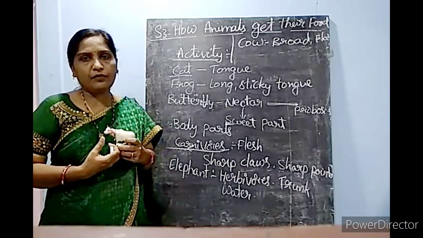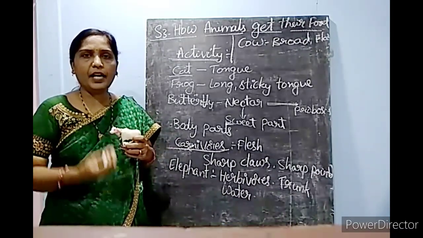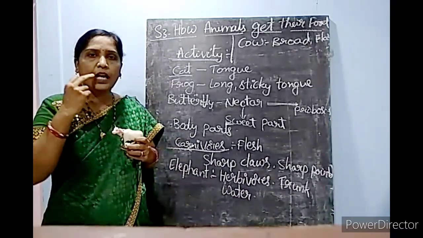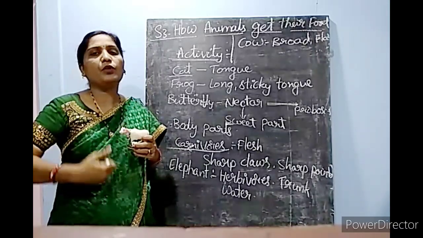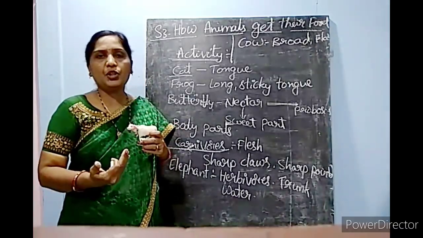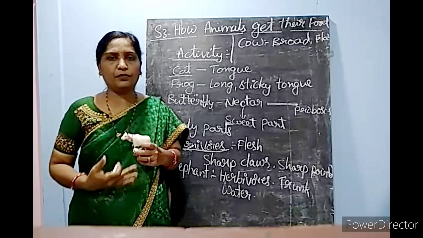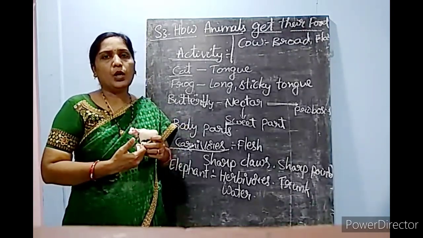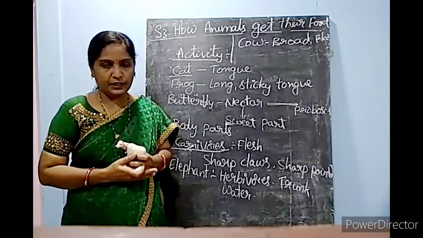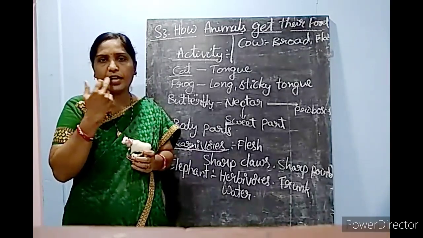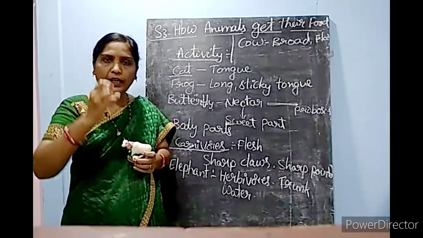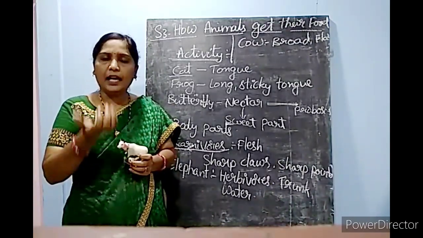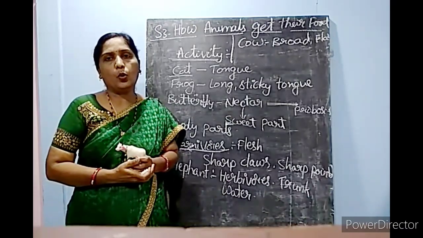How do we eat our food? With the help of our hands, we keep it in our mouth, and with the help of our teeth, we chew the food. After chewing, we swallow the food. When we come to the cow, it's totally different. It will use its front teeth to cut the grass, and then directly it will swallow.